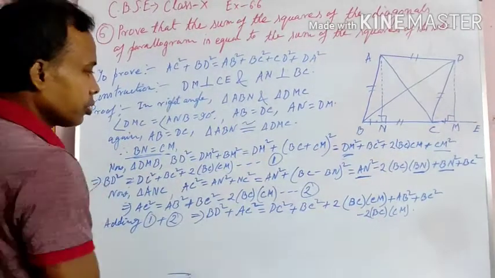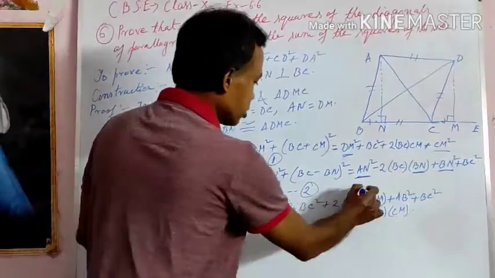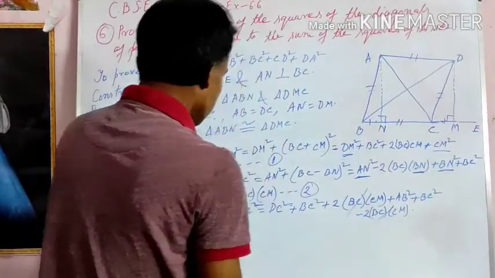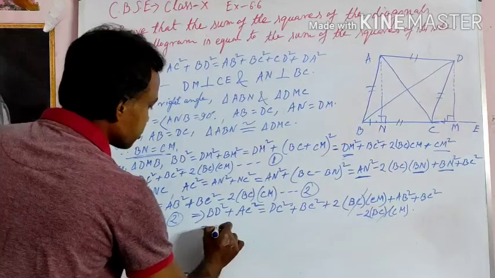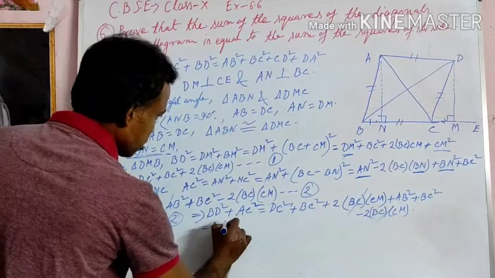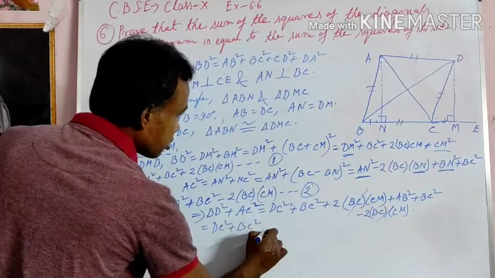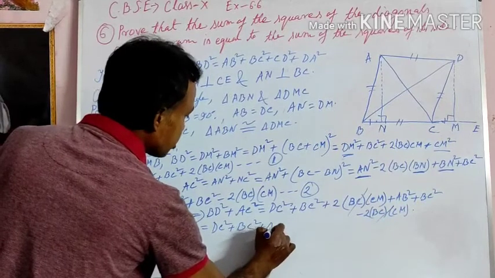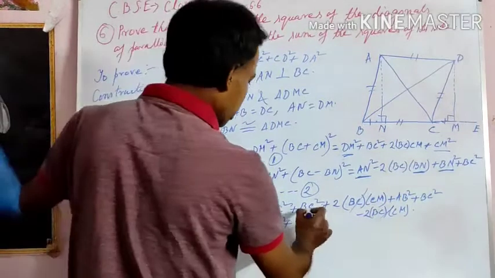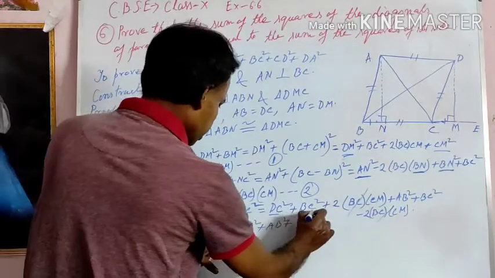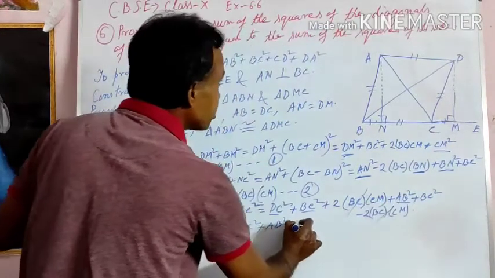So here twice BC into CM, here also minus twice BC into CM. This will be cancelled out. It is equal to DC square plus BC square plus AB square plus BC square.